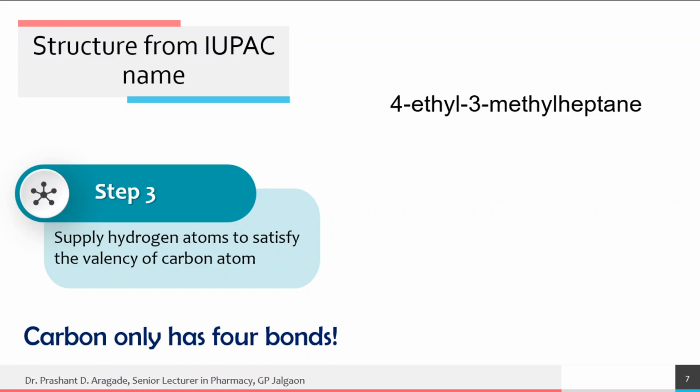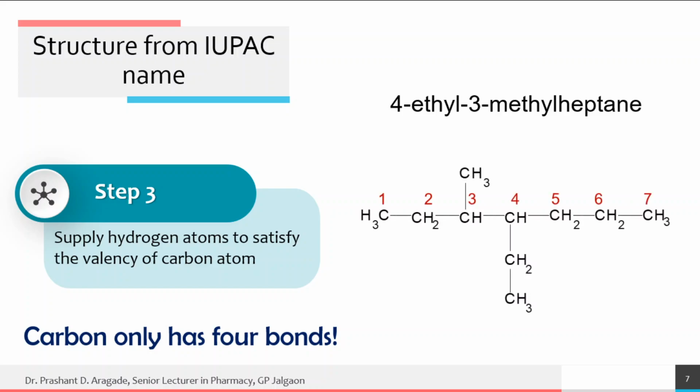So you have to attach the hydrogen atoms in such a way that each carbon atom forms 4 bonds like this. So we have to add a number of hydrogen atoms to the carbon atoms so that each carbon atom has formed 4 bonds. So this is the complete structure of 4-ethyl 3-methyl heptane.